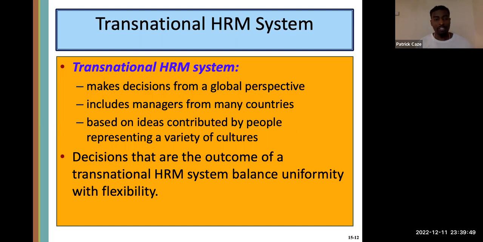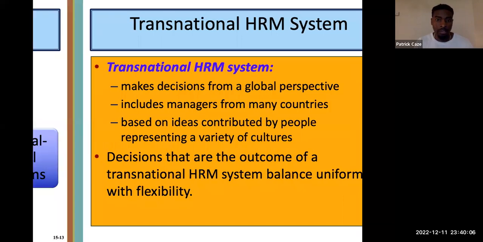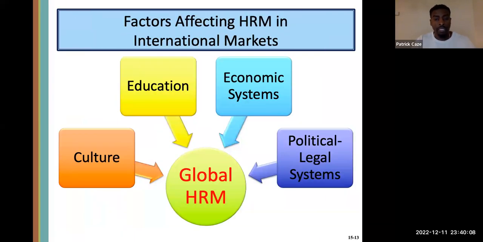You understand what I'm saying? So there are certain elements of a product, good, or service that are contributed by a particular person from a particular country, because they know that will appeal to the people within that society, within that particular environment. And so it's good to have a group of folks that are from different places.